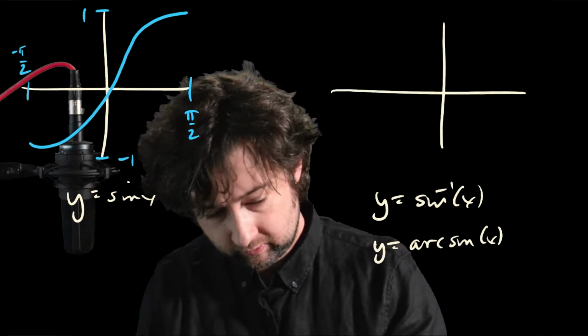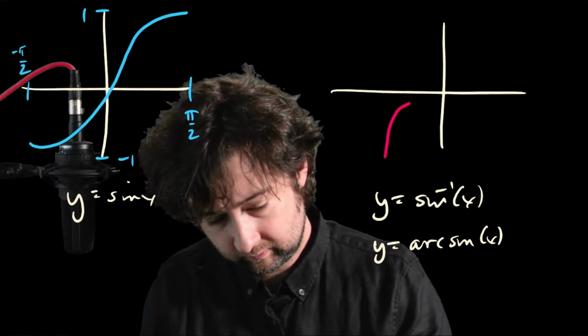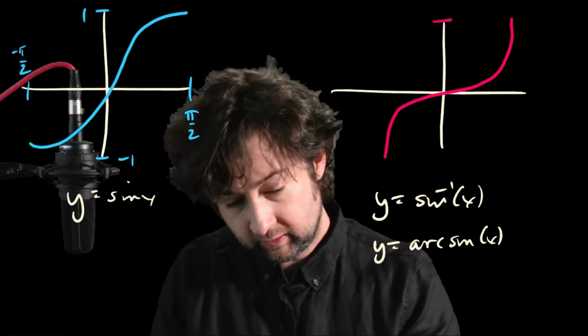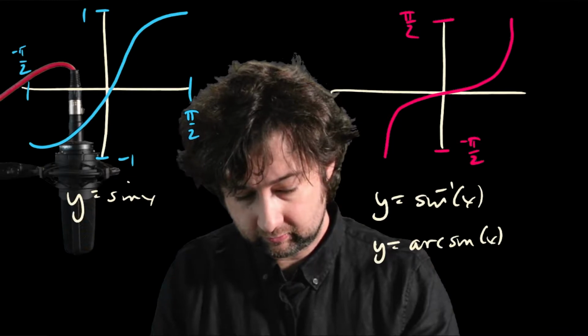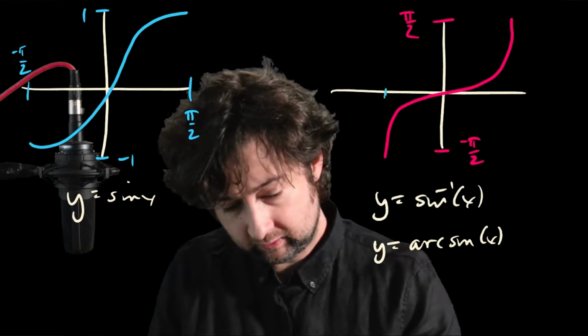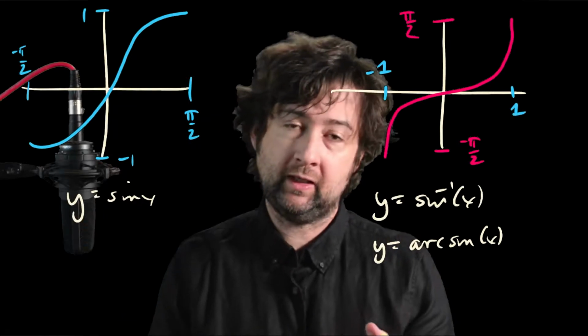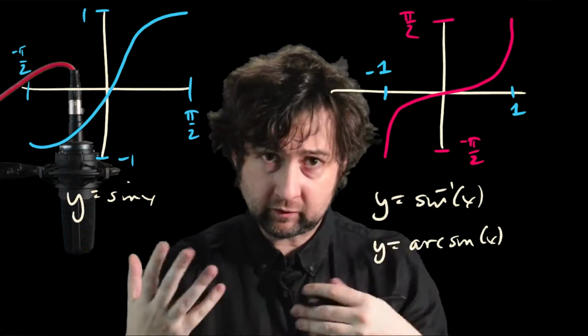So what we're going to get is a function that looks like this. And now this is pi over 2, this is minus pi over 2, and this is -1, and this is 1. Because remember, the x and y values flip places, and so the domain and the range flip places.